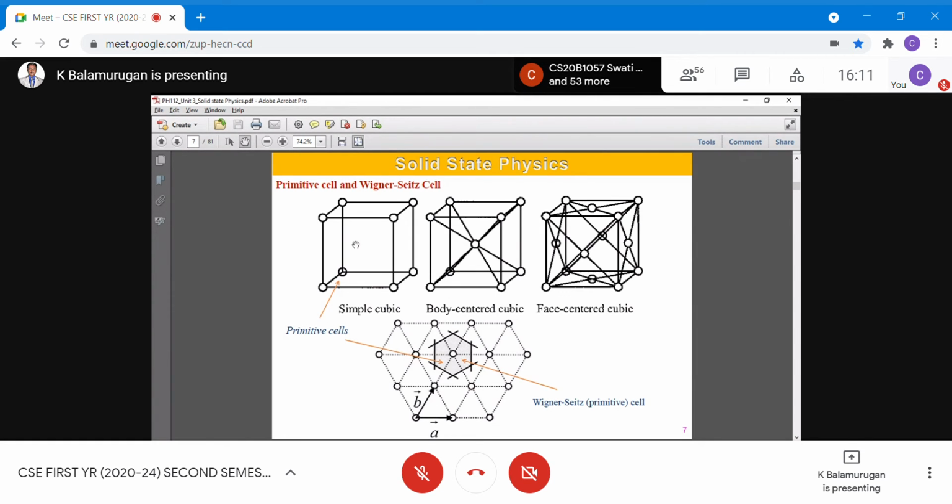Now you have 1 by 8 multiplied by 8, plus 1 by 2 multiplied by 6. So in total, 4 atoms. Already from the corners we have 1. From the face center, consider the topmost plane of the cube, the top face.